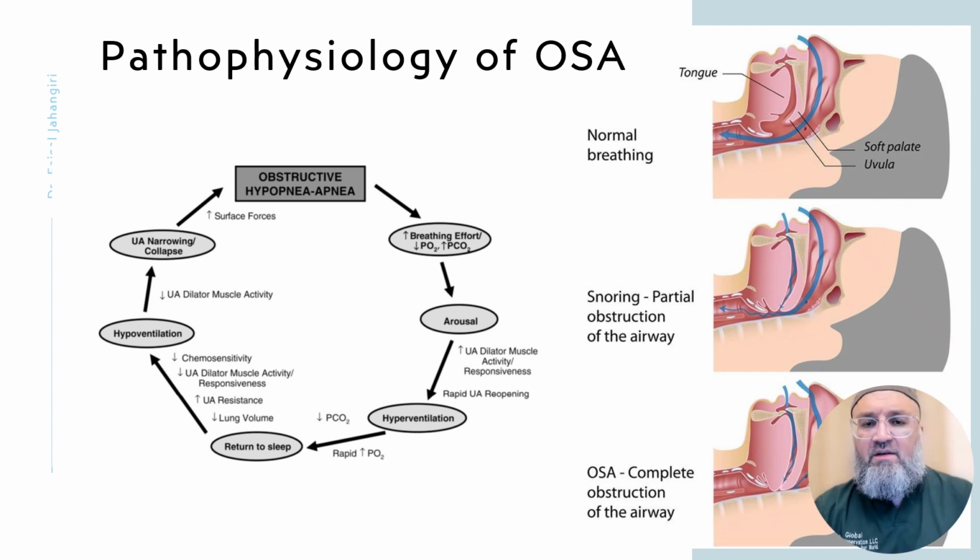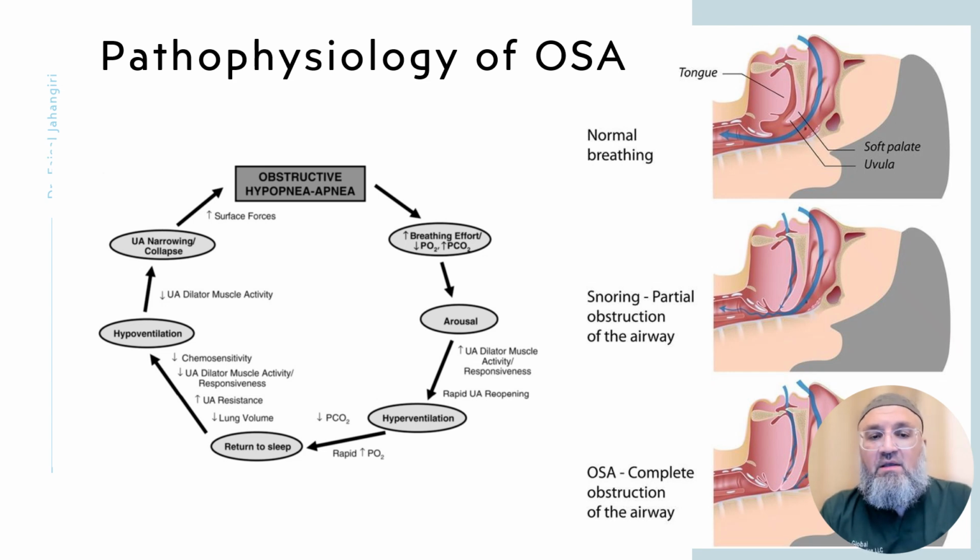So here on the right side we see normal breathing with the tongue not falling on the soft palate or uvula. In the middle picture, you see partial blockage by the tongue falling back, and the bottom picture is complete obstruction of the airway. On the left side, we see the cycle.